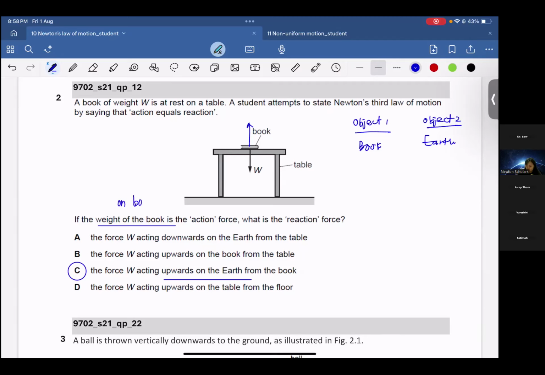Just now, weight is on the book due to the earth. You get my point or not? Weight is the earth pulling on the book. So now it should be acting on the earth due to the book. Is it okay? If you get my point, then type it out.